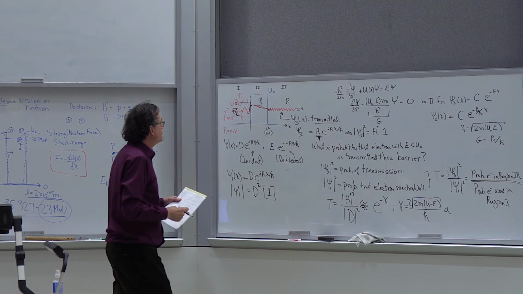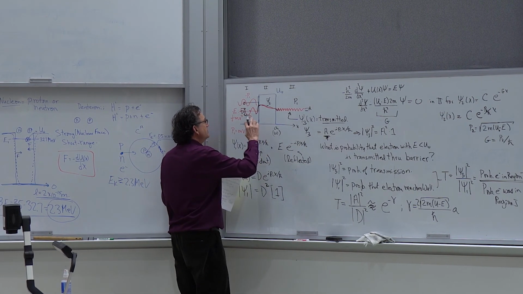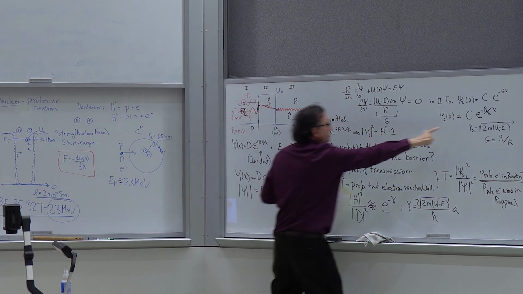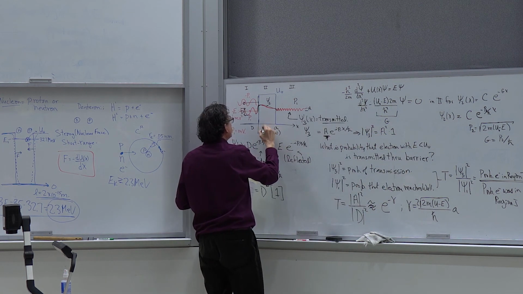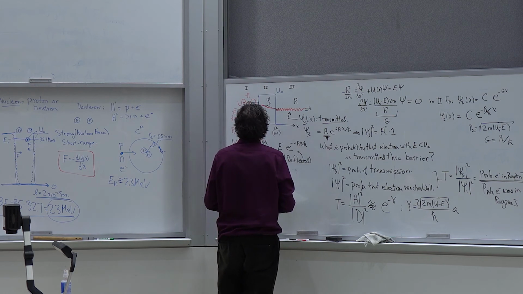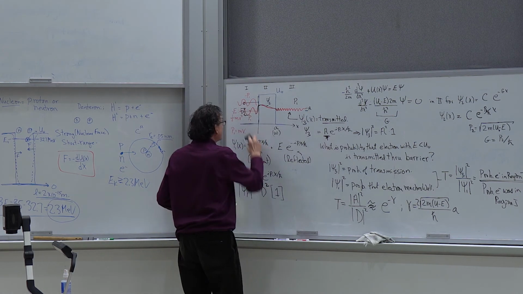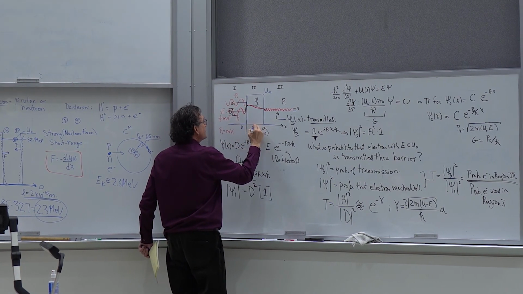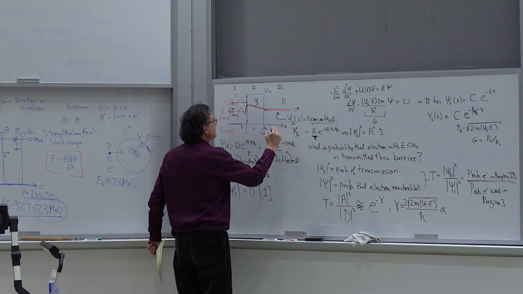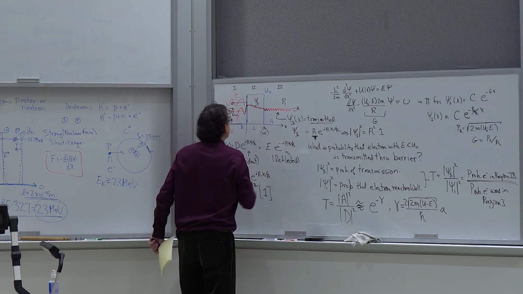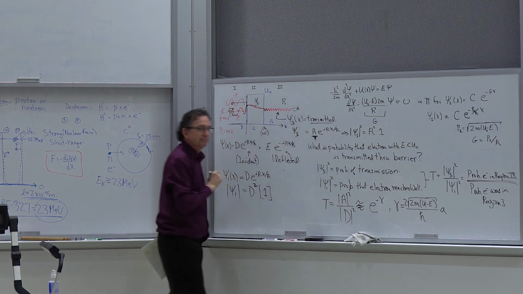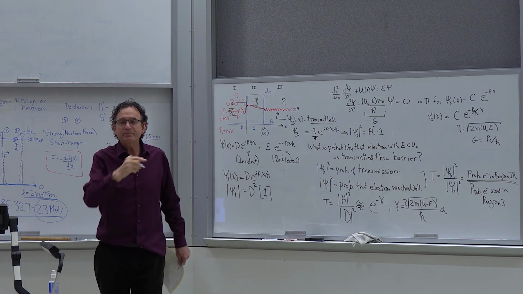So how do we do that? First, we're going to use the boundary condition. The wave function has to be continuous from here to here. So this is going to give a relationship between the amplitude D and the amplitude in the forbidden region, which is C. This has amplitude D, this has a coefficient C, and over here I have the coefficient A. If I can express D in terms of C and C in terms of A, then I can express D in terms of A. That's the path we're going to use.